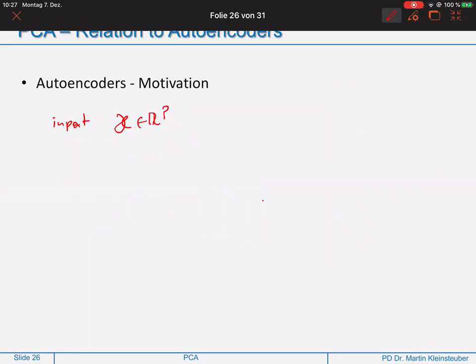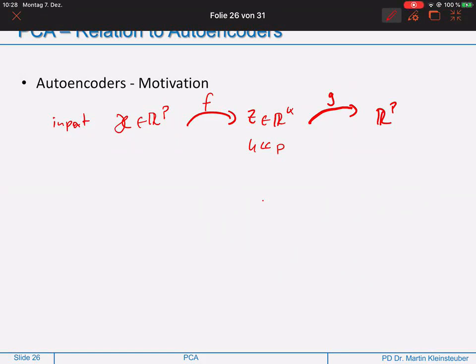Then we apply to it some function f which we want to find, that reduces this to a variable z in R^k, with k smaller than p, and then we want to find another map G that goes back to R^p.